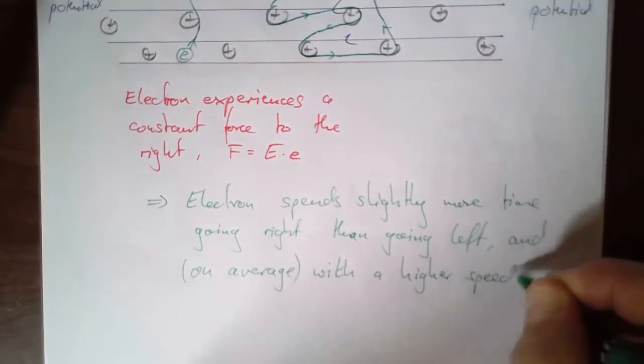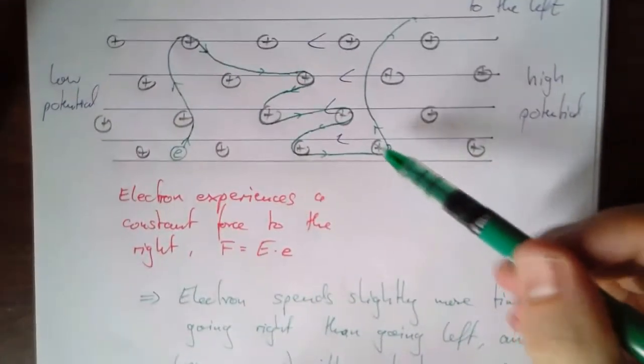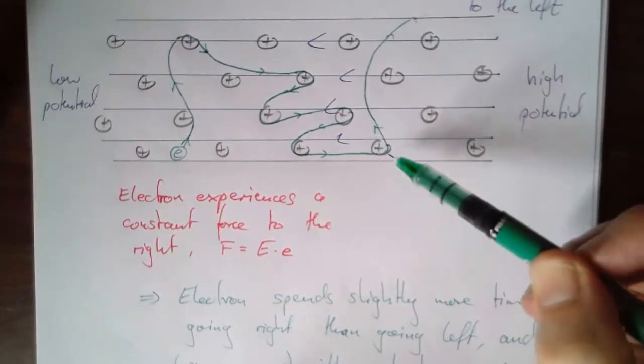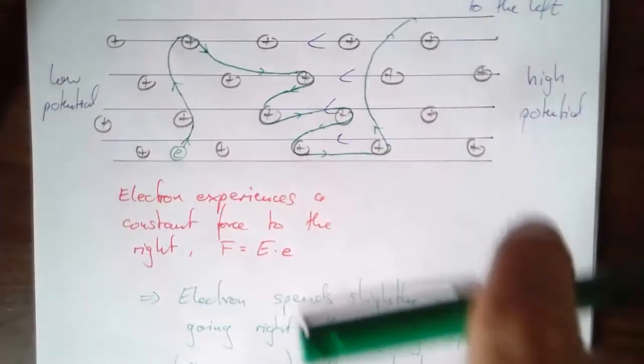Of course, that is reset every time it hits something, then essentially the direction becomes random, but between hitting one thing and the next thing, its path again changes to favor going to the right.